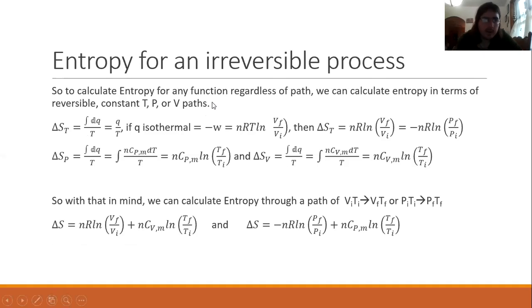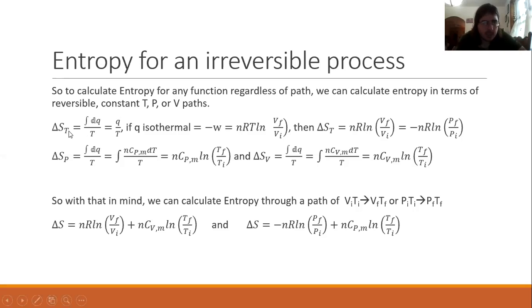So the entropy of an irreversible process, if we calculate this for this path, we can calculate this in terms of our state variables T, P and V based paths.